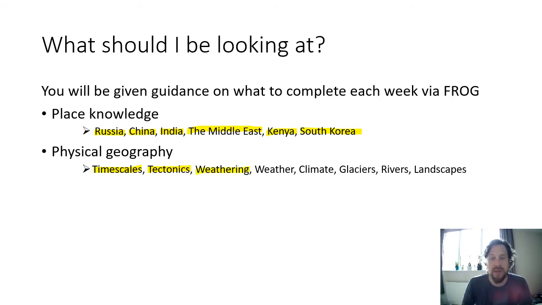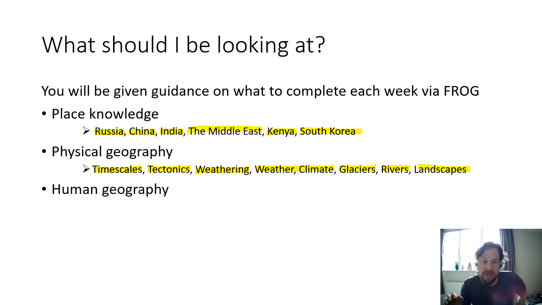The process of weathering, so that'll link into what we do with rivers, and there's a section on rivers in here as well. Weather and climate is a topic you did in Year 9, and it's another topic we'll look at again in GCSE, especially extreme weather. Glaciers again, and different landscapes. So we need to know a lot about the physical geography, especially of the UK, and glaciers, big bits of ice, is one of those.